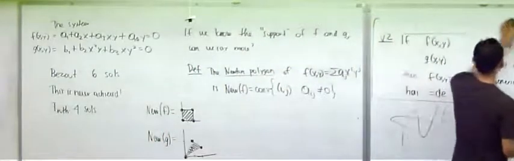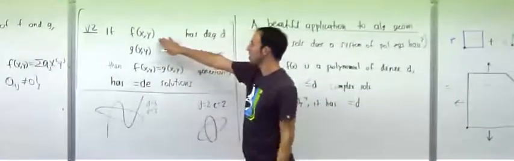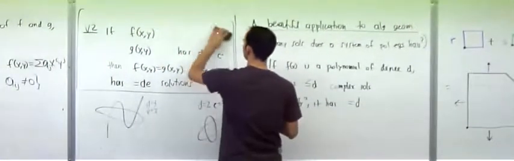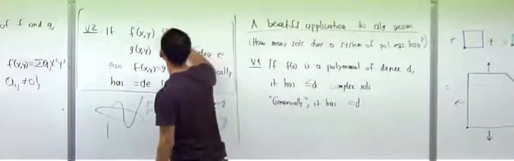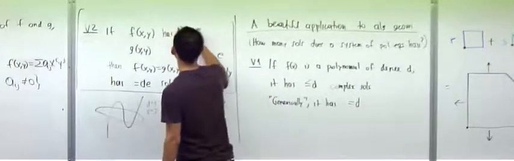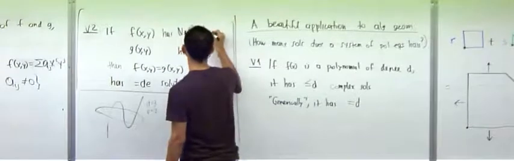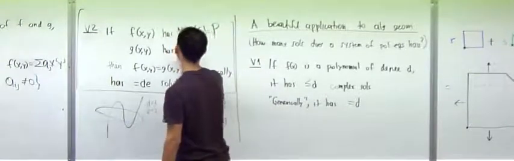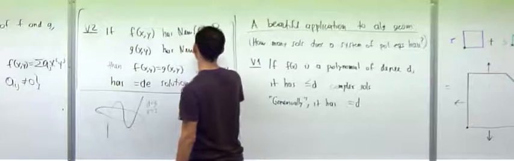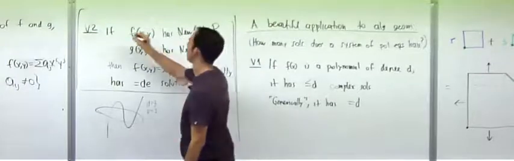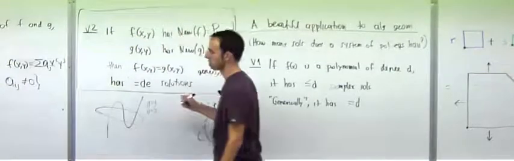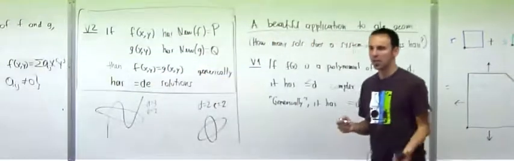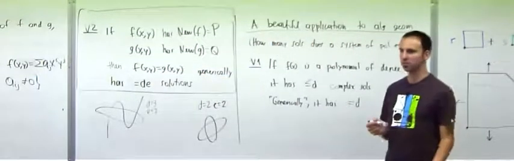So then it turns out that the following is true. Let's say that not only do I know the degree, but I know the Newton polygon. So the Newton polygon of this is P, and the Newton polygon of this is Q. And then I ask, how many solutions does the system have?